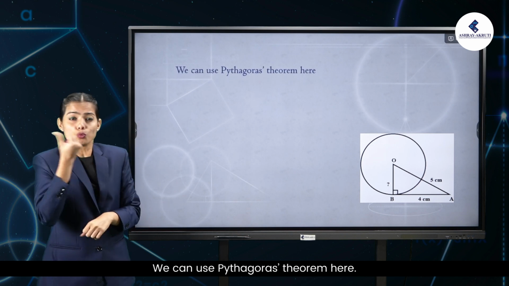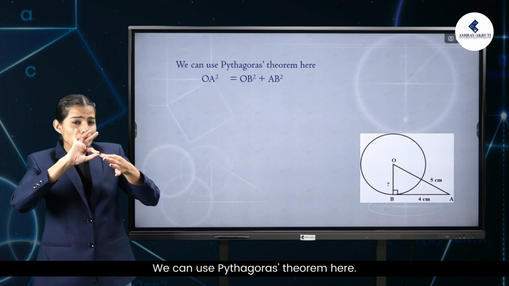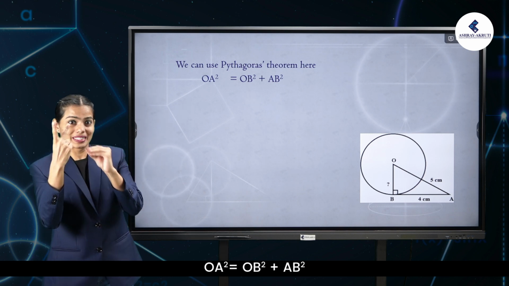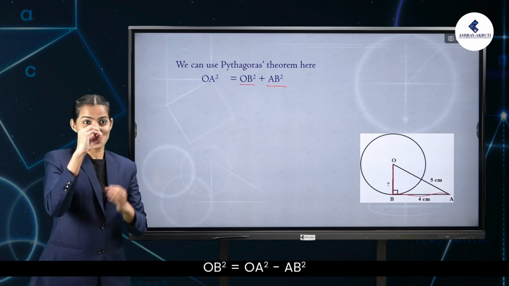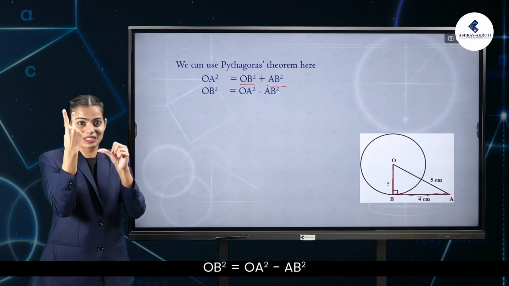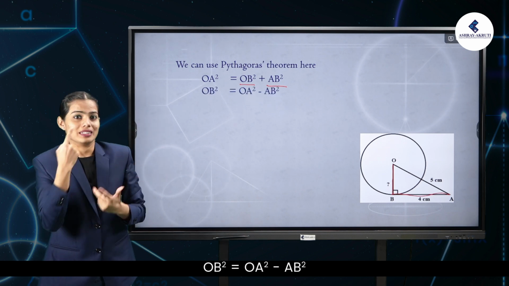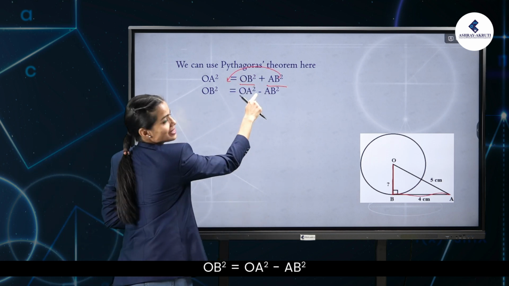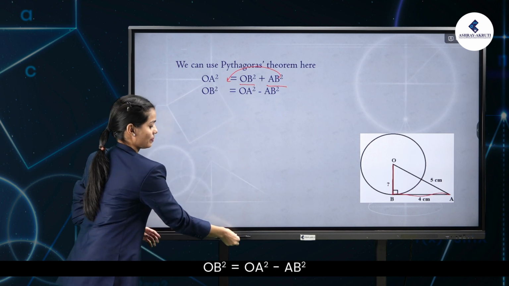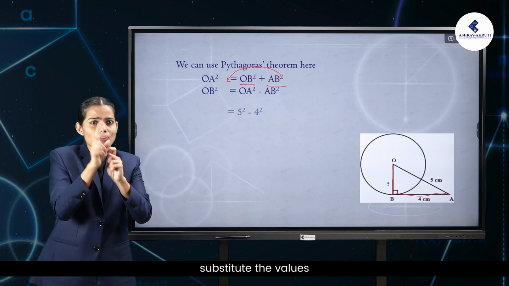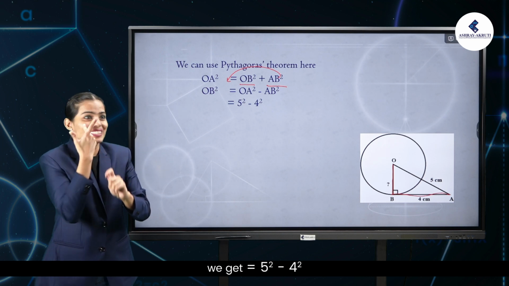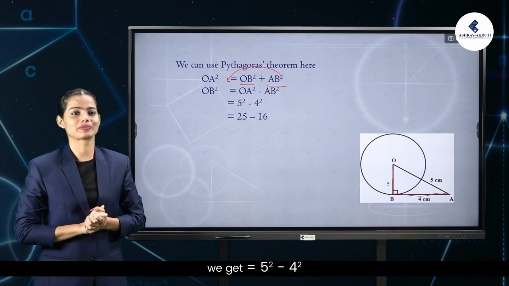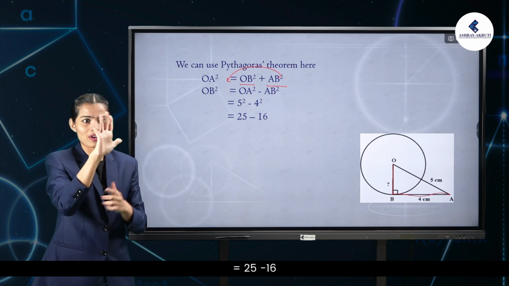We can use Pythagoras theorem here. OA square is equal to OB square plus AB square. OB square is equal to OA square minus AB square. Substitute the values, we get 5 square minus 4 square, 25 minus 16.